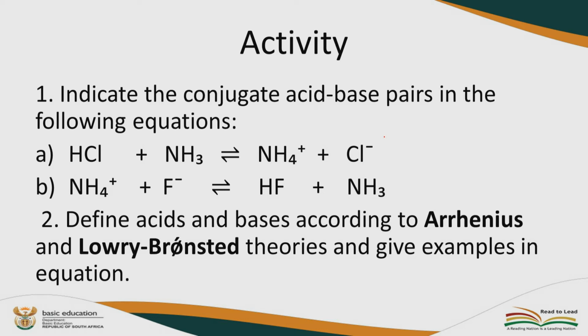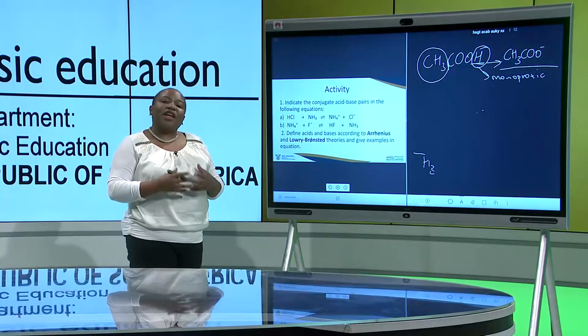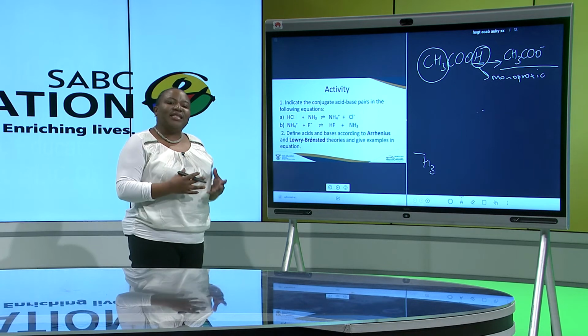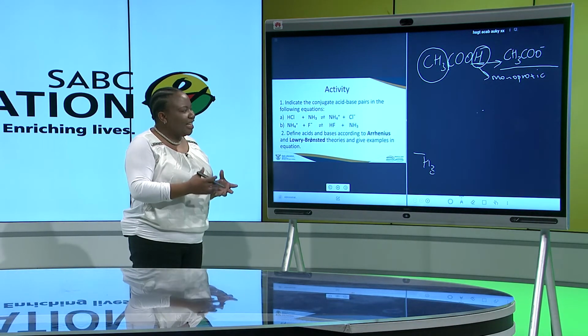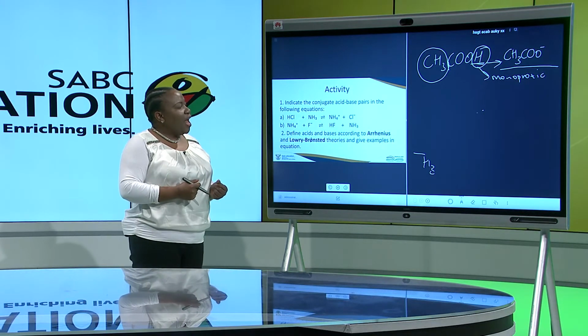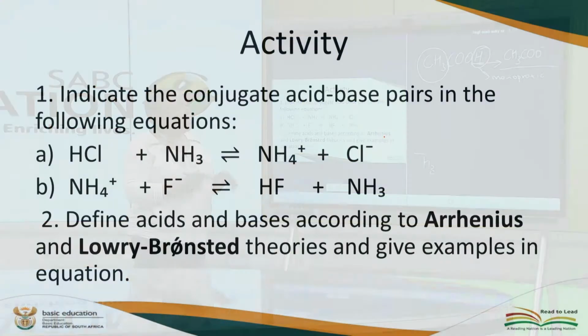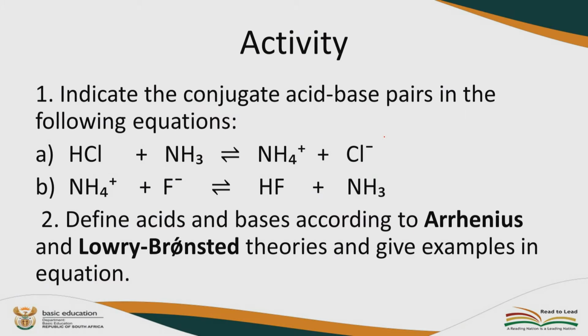Looking at equation A, we have hydrochloric acid reacting with ammonia, giving you ammonium ion and Cl minus. With the pen next to you, start by trying to identify which one is an acid in the first reaction, in terms of hydrochloric acid and ammonia, and which one is an acid in terms of ammonium ion and Cl minus ion.